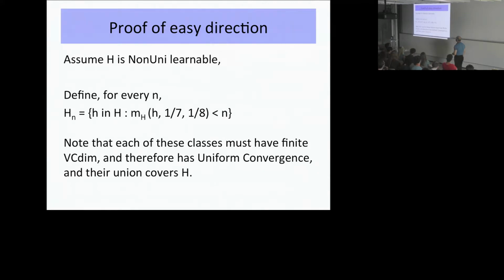Okay. So I want to prove this result. What result do I want to prove? I want to prove that the class is non-uniformly learnable if and only if it is a union of countably many classes, each of which has finite VC dimension, or each of which has uniform convergence. Right? So we have this equivalence, if and only if, that we want to prove.